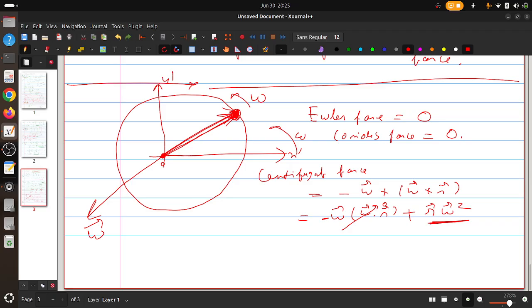So what does this term suggest? This gives you the centrifugal force, F_CG, which is r omega square. So at any particular r vector, the centrifugal force is in this direction. So this is F_CG.